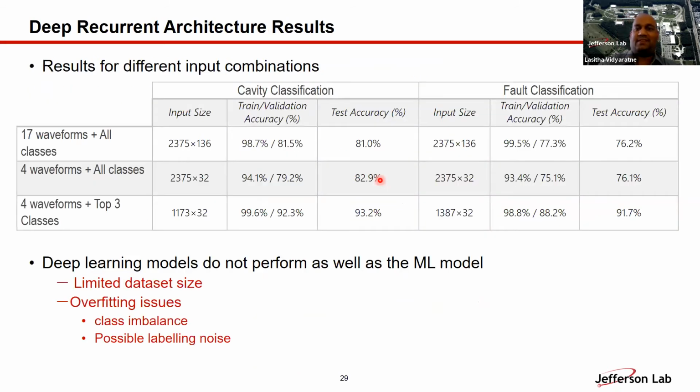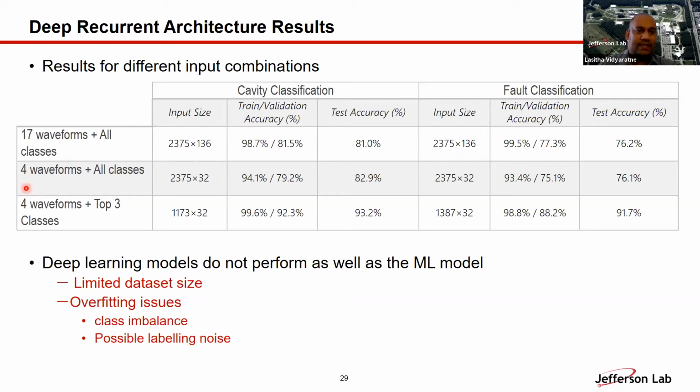This shows a summary of results for the architecture with different input combinations. The first is 17 waveforms. As I mentioned before, each cavity gives us 17 different RF signals, so all 17 waveforms and all 8 cavities go to 136 different RF signals per event. If you use all that, this is the performance we got.